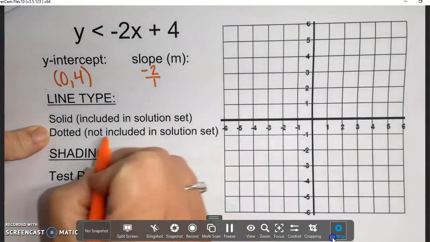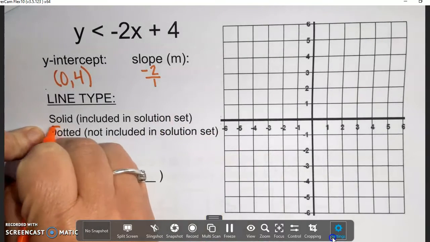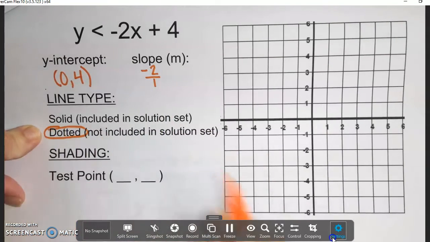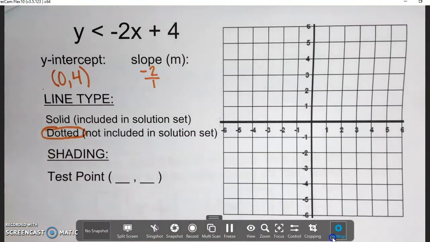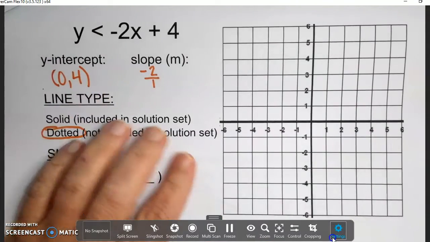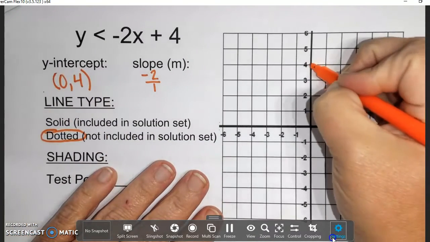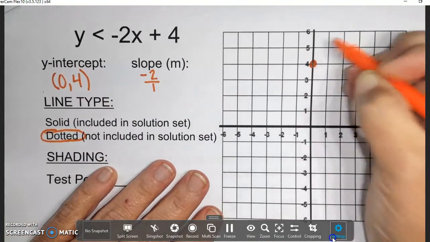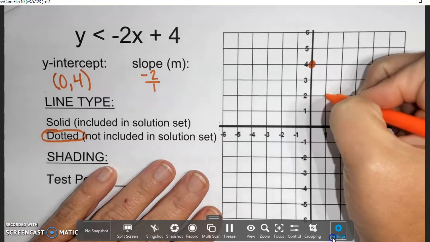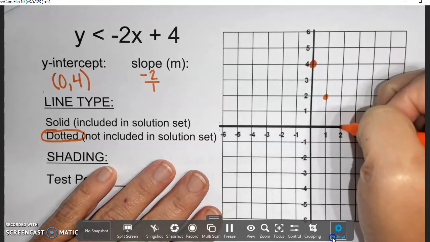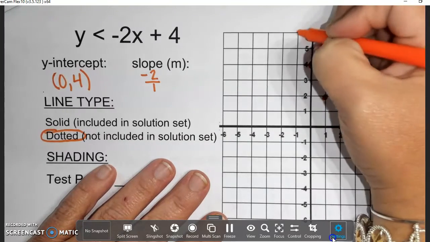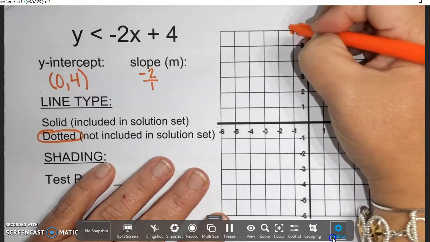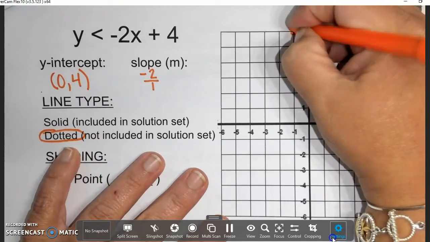It's going to be dotted because it's not included. Okay, it's going to be dotted. And then we're going to test a point. So let's graph our line first. 0, 4. We're going to go down 2 to the right 1. We said it was going to be dotted.